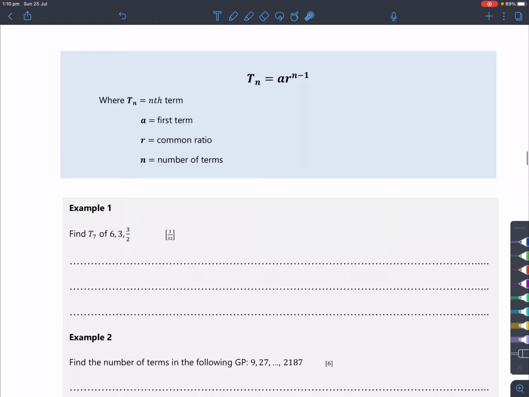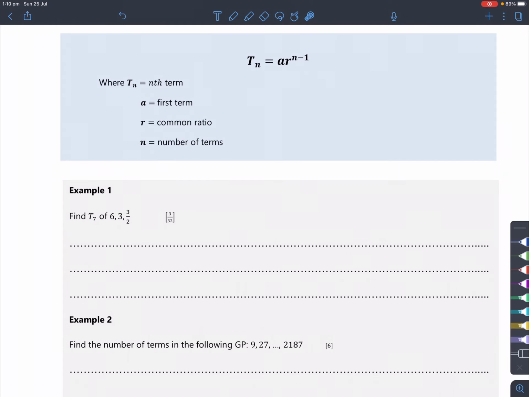In example 1, find term 7 of the numbers in this sequence. So this is already a geometric sequence. You can see that it's dividing by 2 every single time, or multiplying by half. So Tn equals a r to the power of n minus 1.